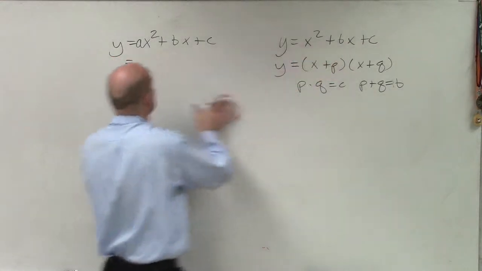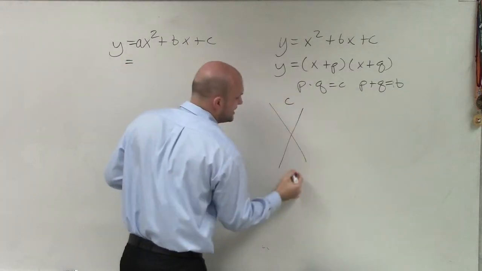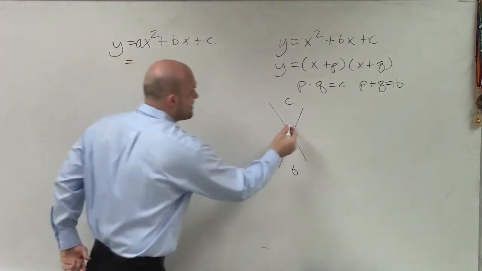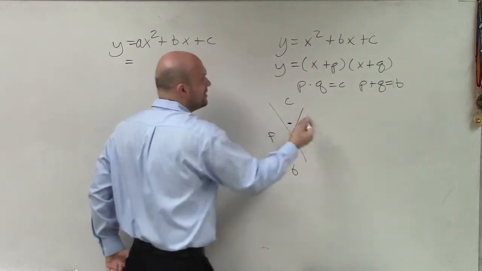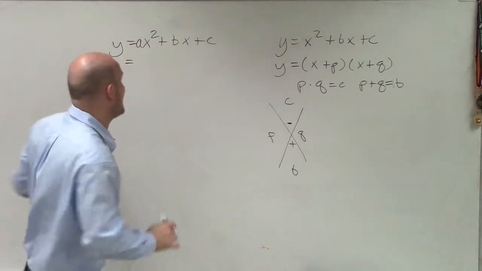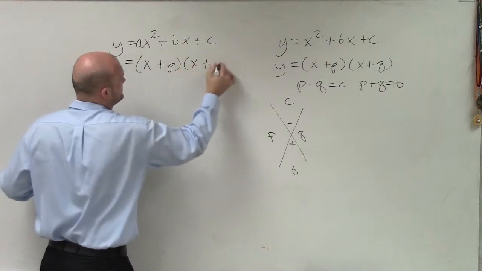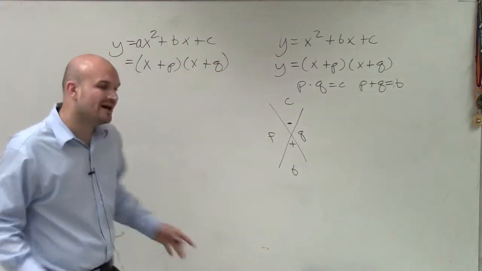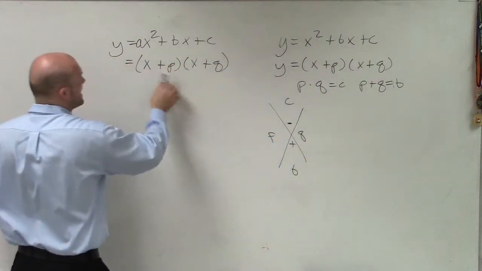They don't care if it's x squared or if it's ax squared. They say, oh, I'm just going to find the two values that multiply to give me c, but then add to give me b. And those two values are p and q, and then I factor it like this. So they totally forget about the a, and they say that those two values have to look like this.